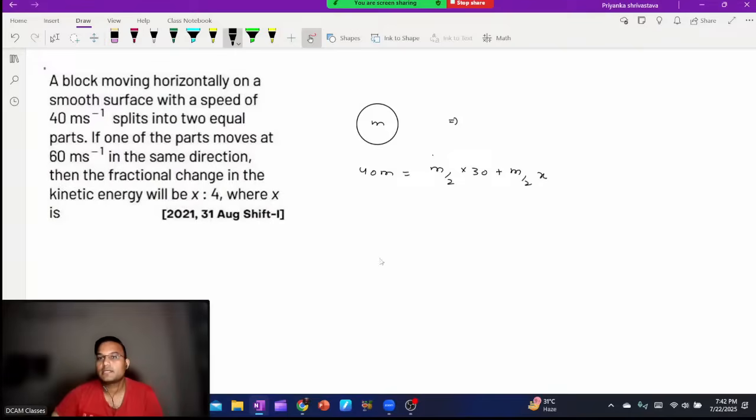No, it's conservation of momentum. Initially, why did you write 60 here, Shyama? M by 2 into 60? Because they've given that one of the parts moves at 60 meter per second in the same direction. Acha, okay, I wrote it wrong. M by 2 into 60. So you've got m by 2 into 30, 30m. 10m is equal to m by 2 into v. So 20 is equal to v. You have got v as 20.